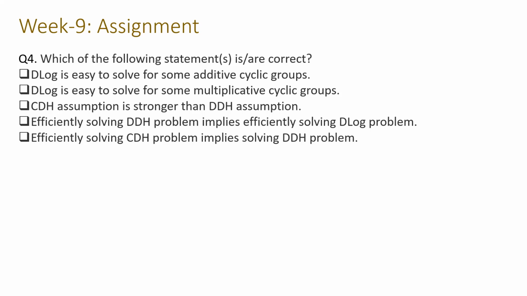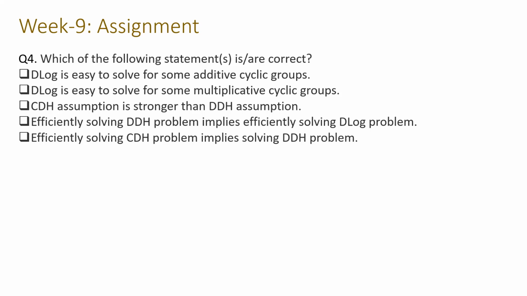Because if you are able to solve the D-log problem, what it means is that if you were given the element g to the power alpha, you were able to come up with the value alpha. And then, of course, what the DDH problem needs is that you have g to the power alpha and g to the power beta, and for the third component you have to see whether it is equal to the value g to the power alpha beta or not.